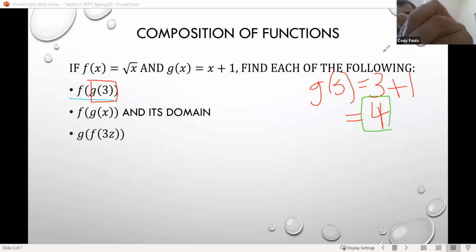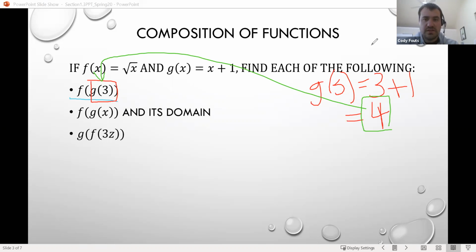So we're going to take this and put it in the place of the g of 3. What we end up with is f of g of 3 equals f of, on the inside now we have 4. So that's our input now for f.